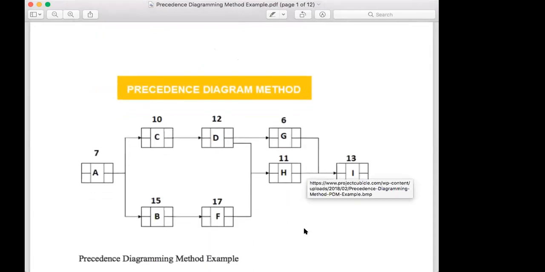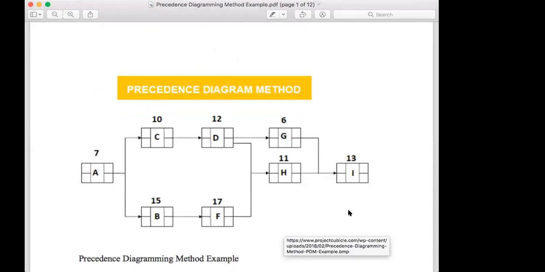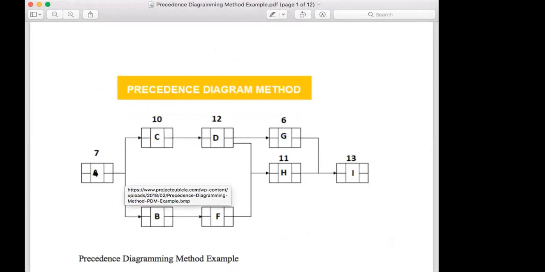If you are given activities and durations and everything, this is a way of drawing it some other way, but it's the same. There is early start, early finish, late start, late finish, but they have put the duration on top.